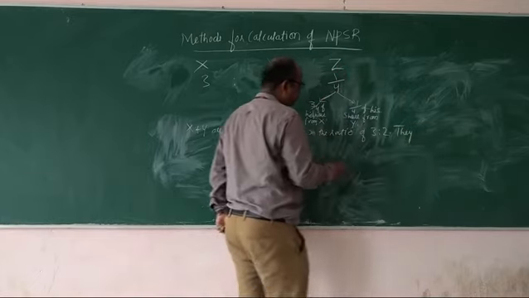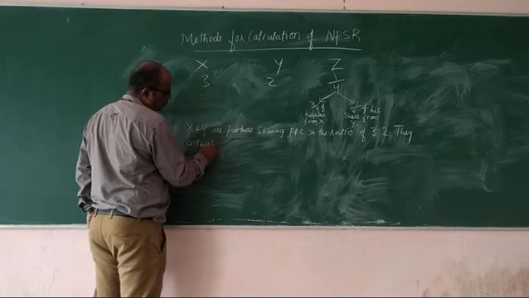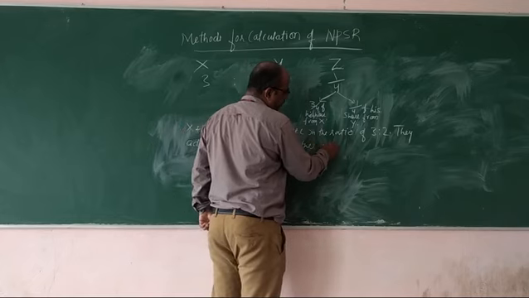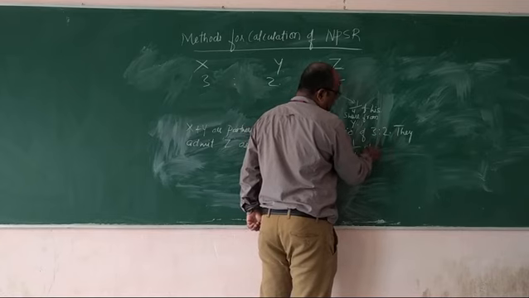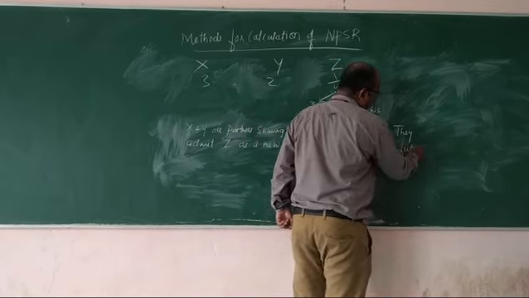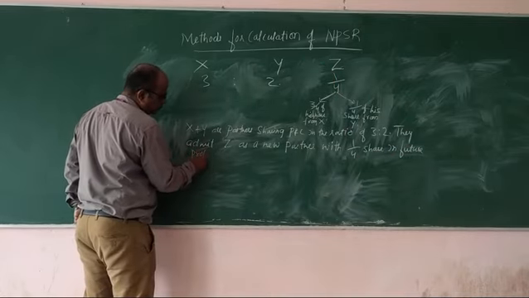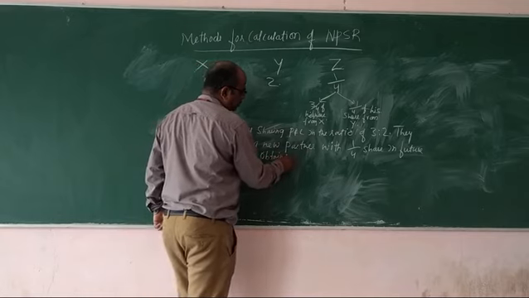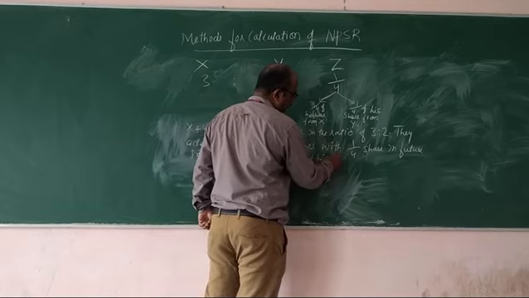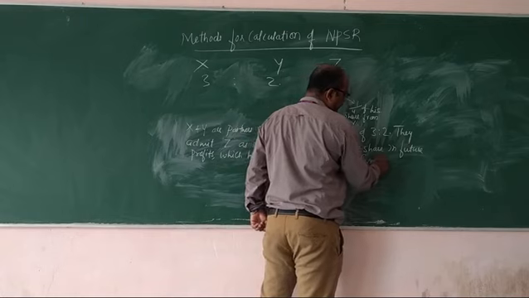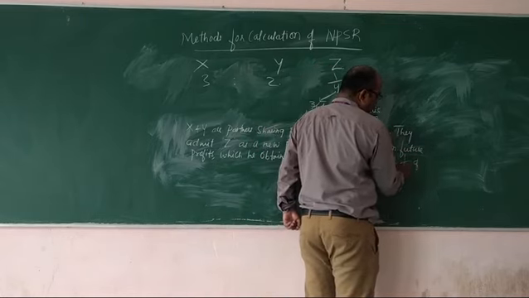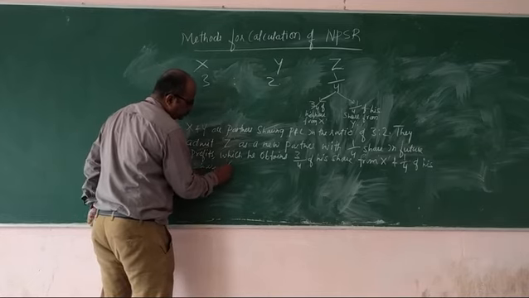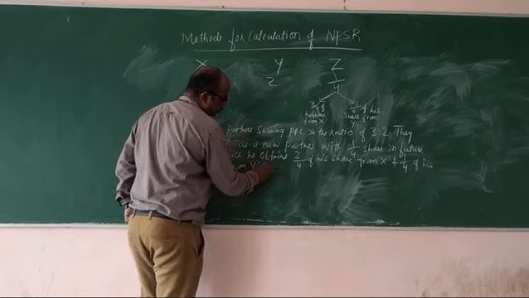They admit Z as a new partner with 1/4 share in future profits, which he obtains 3/4 of his share from X and 1/4 of his share from Y. Calculate the new profit sharing ratio.